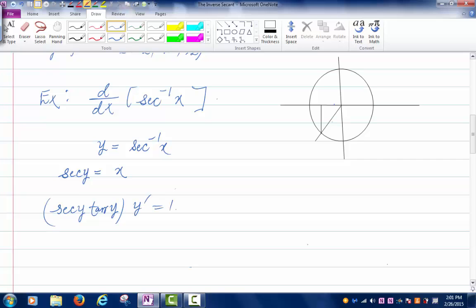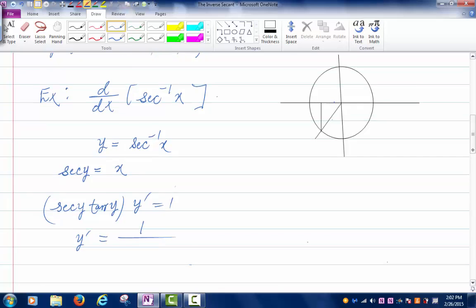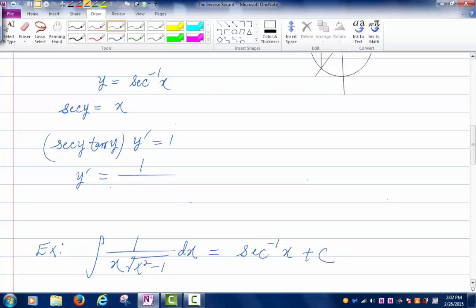Times y prime, and on the right, 1. So I get y prime, which is 1 over secant of y times tangent of y. But do I know what secant of y is in terms of x? Secant of y is exactly x. So I get x times tangent of y.